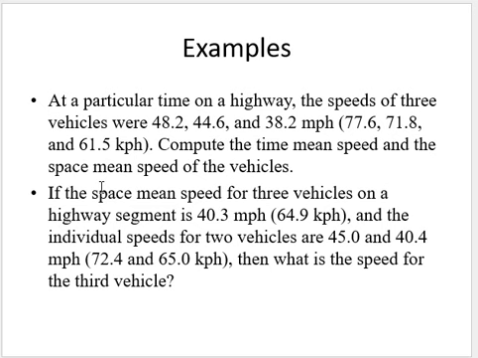Okay. At a particular time on a highway, the speed of 3 vehicles is this. They have given this in miles per hour and kilometers per hour. Find out the time mean speed and the space mean speed. Very simple. For time mean speed, I will do what? Yes, tell me.